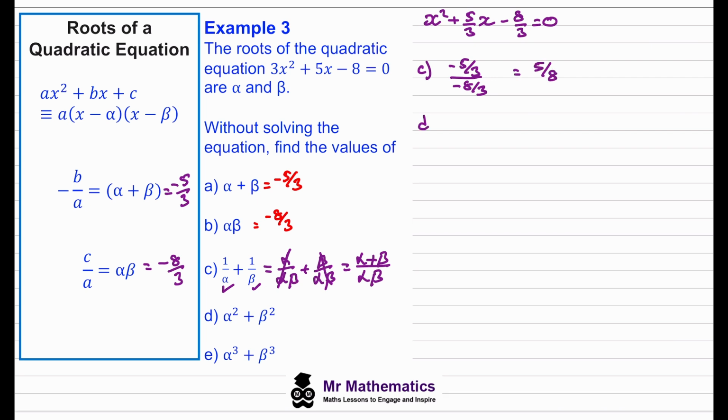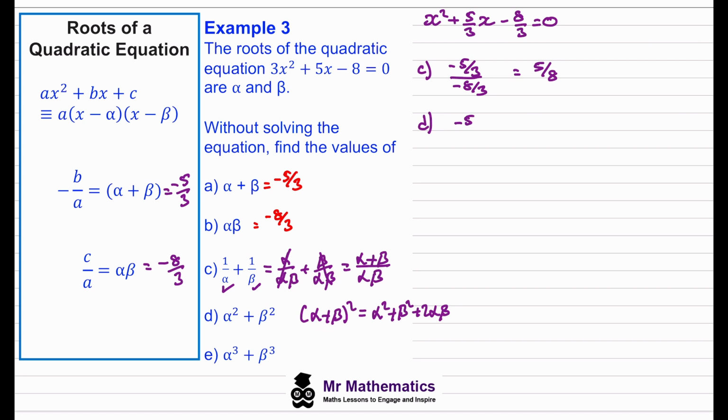For part D, we can work out alpha squared plus beta squared as alpha plus beta all squared is equal to alpha squared plus beta squared plus 2 alpha beta. We can substitute in our values for alpha plus beta.